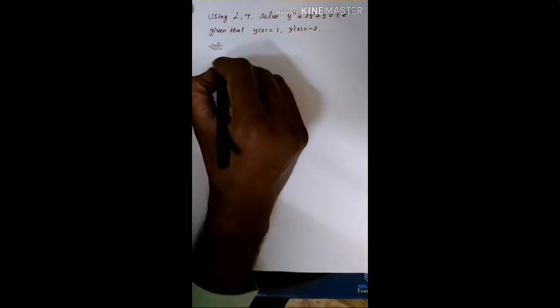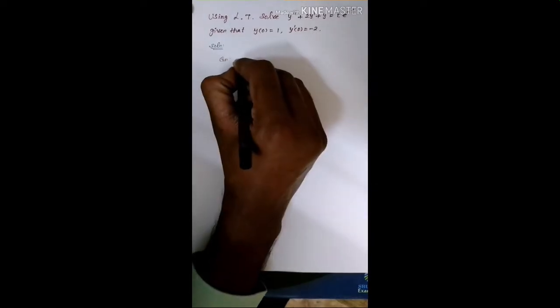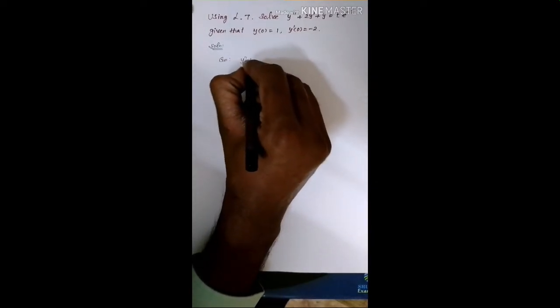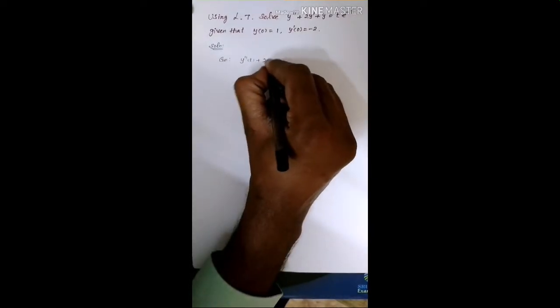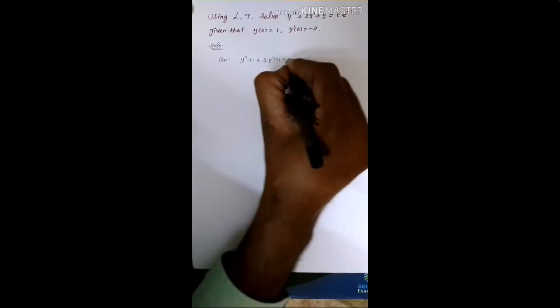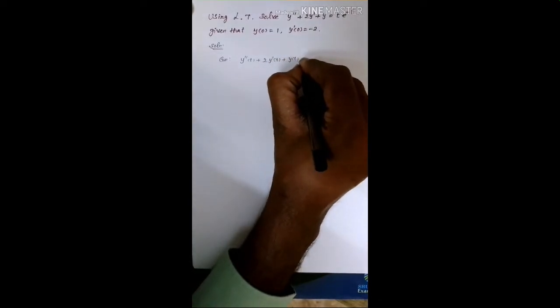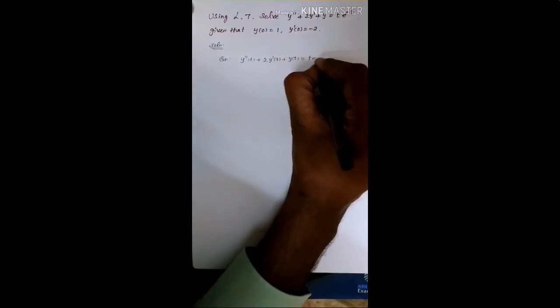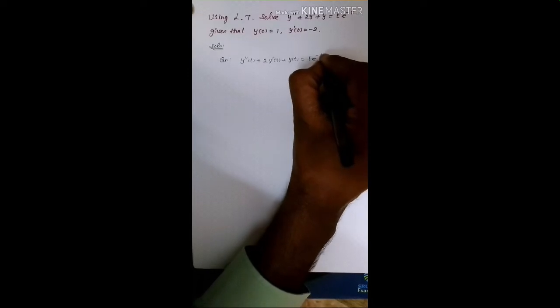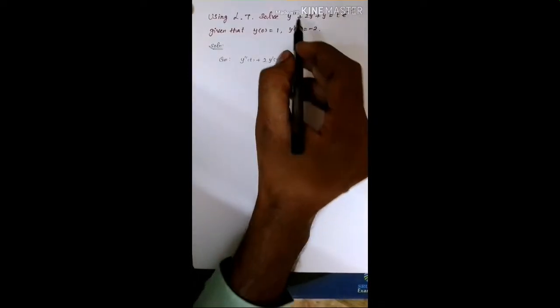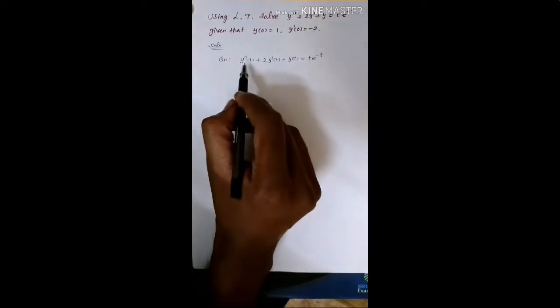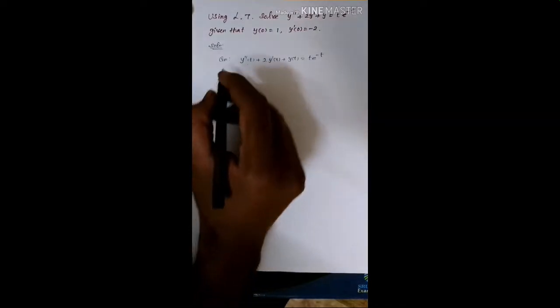Solution: first write the given differential equation y double dash of t plus 2y dash of t plus y of t is equal to t e power minus t. So this is the given question. Actually this y double dash, y dash and y are functions of t, that you have to mention.